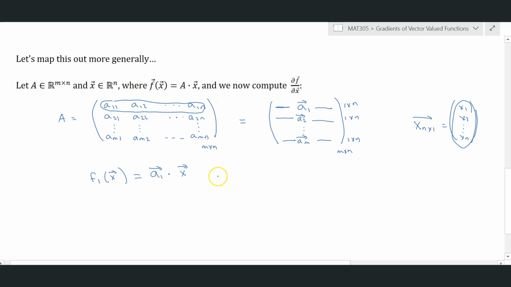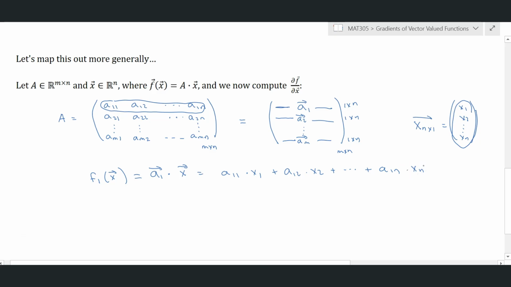So that's going to look like this: a11 times x1, plus a12 times x2, plus all the way up until we get to a1n, which is this last element, times the last element of our vector, xn.